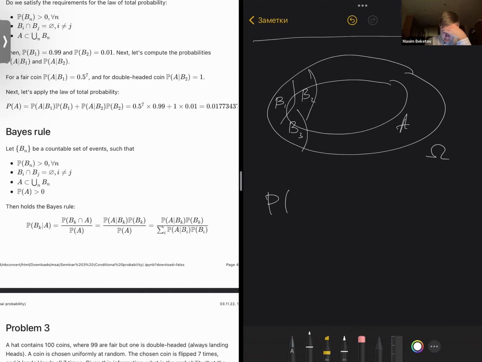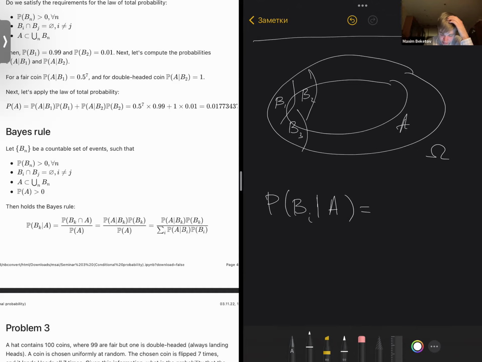We can say that the probability of a certain Bi, let me write I, I prefer I to be the index, given A, is of course by definition the probability of the intersection over P of A.